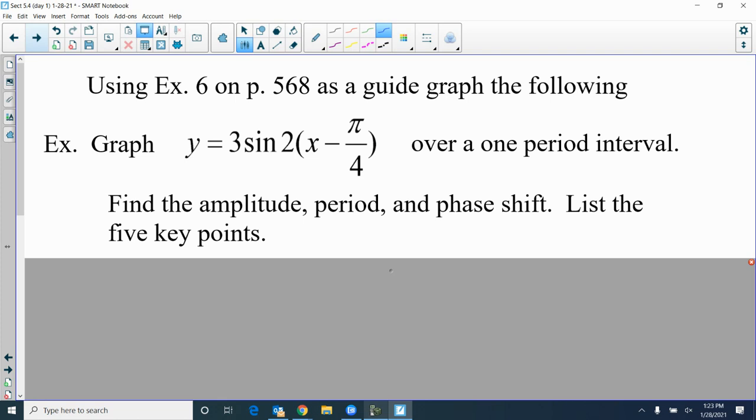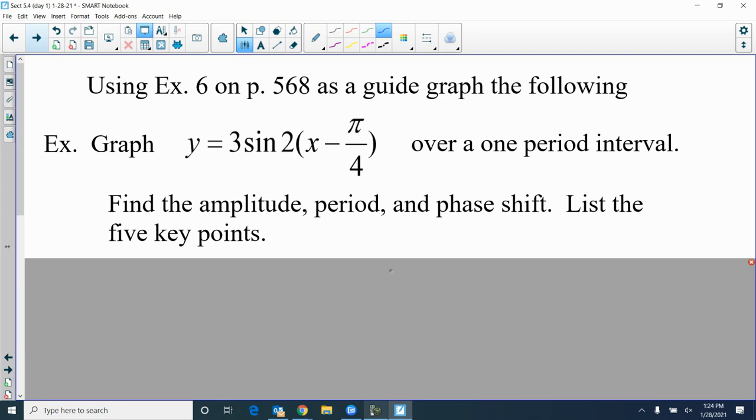So normally sine from 0 to 2 pi looks like that. When we're done, we just need one cycle. That's what it should look like when we're done. But we got to find the coordinates of these points. So that's the main thing, the coordinates of the 5 key points.